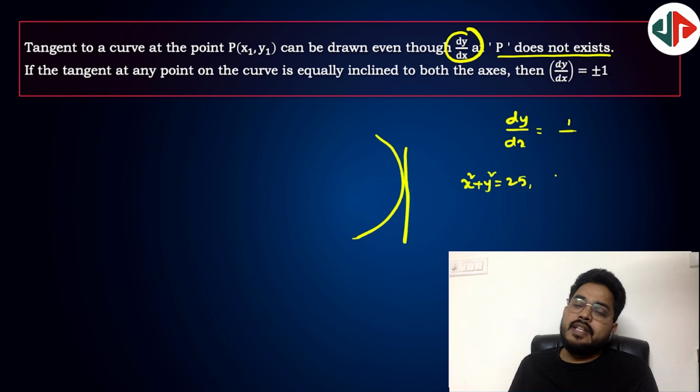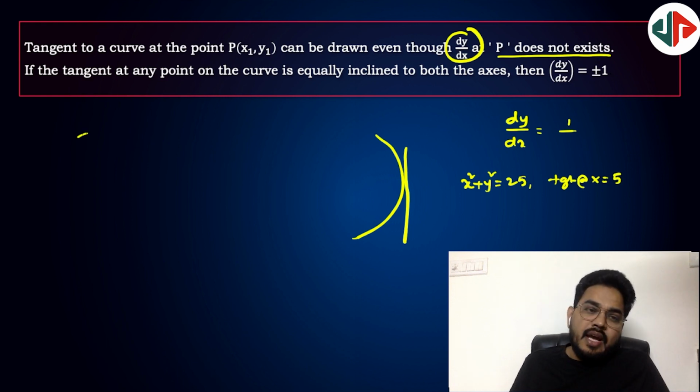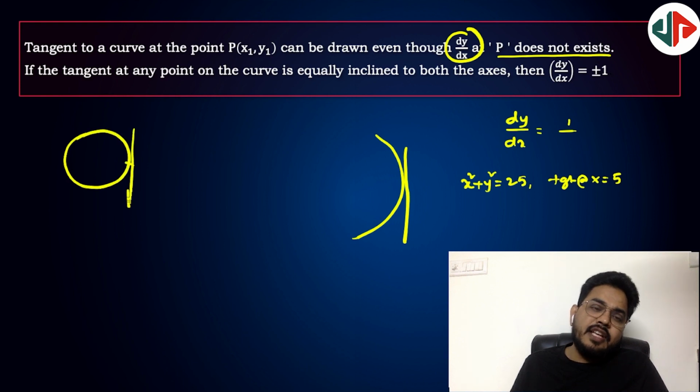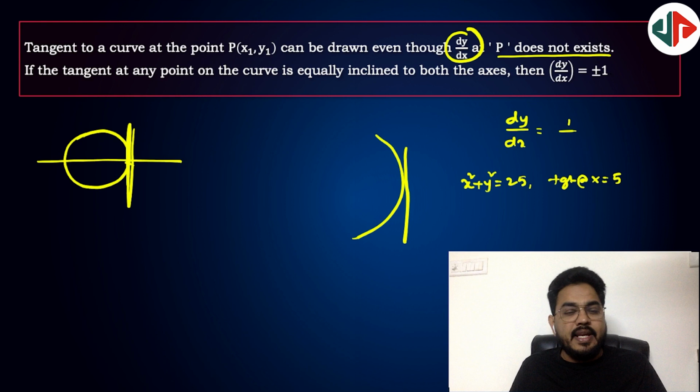What is the tangent at x is equal to 5? At this time, you have a circle and at x is equal to 5, the tangent is parallel to the y-axis. So when the tangent is parallel to the y-axis, dy by dx does not exist.